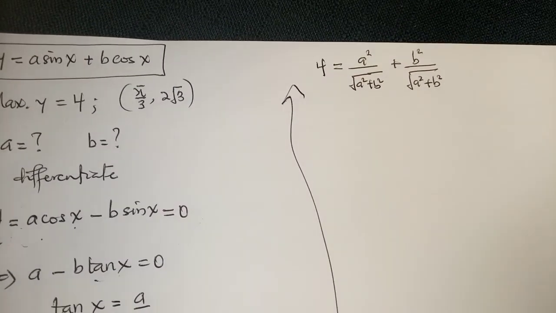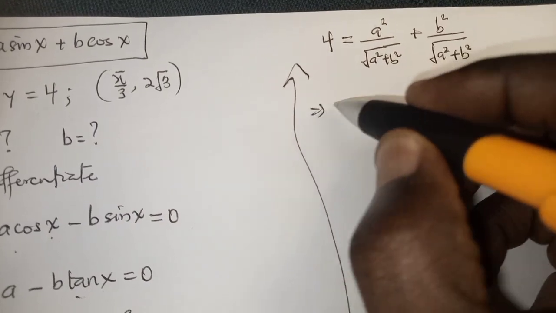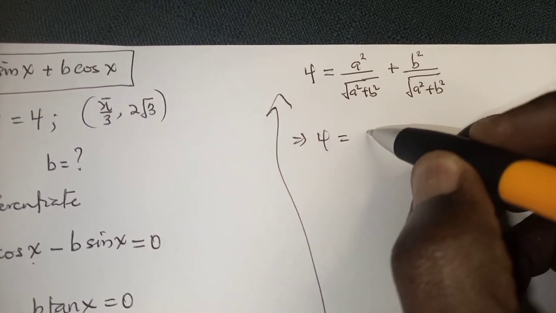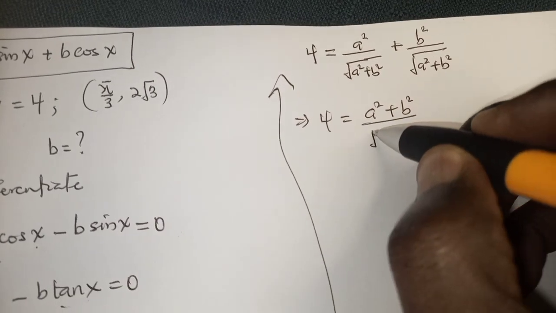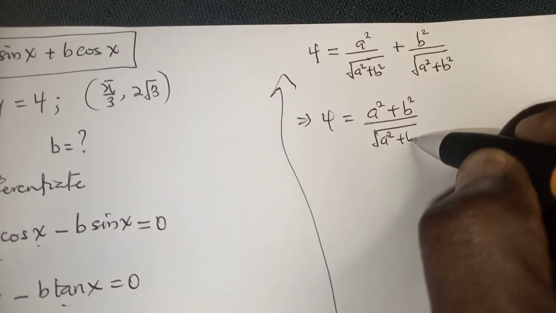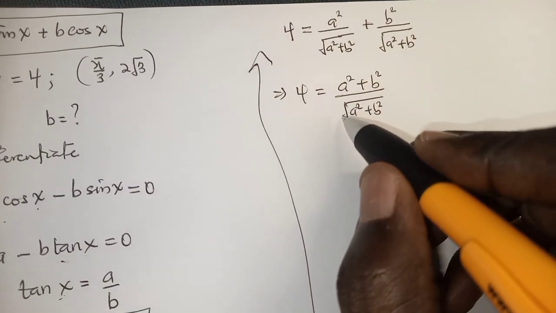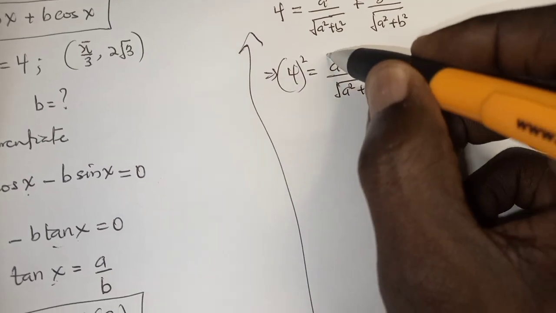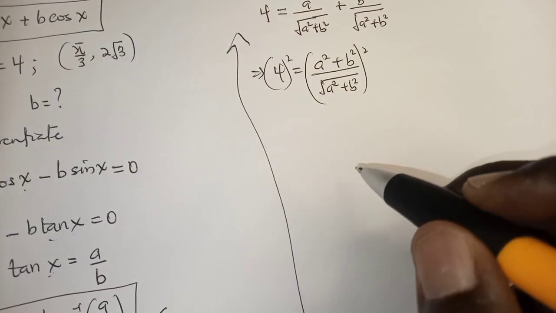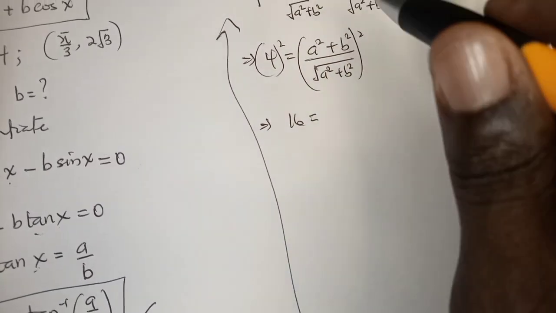All right, so we can simplify that as 4. So we have 4 equals a square plus b square on the square root of a square plus b square. I want to remove the square root, so we square both sides. Squaring both sides, you have 16 equals, so that makes it simpler to solve.